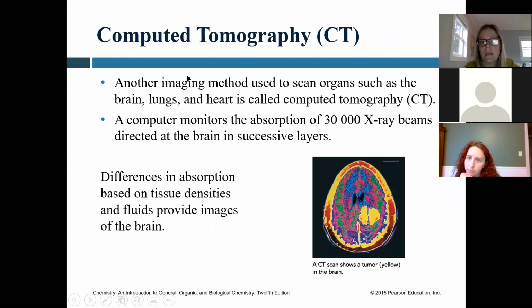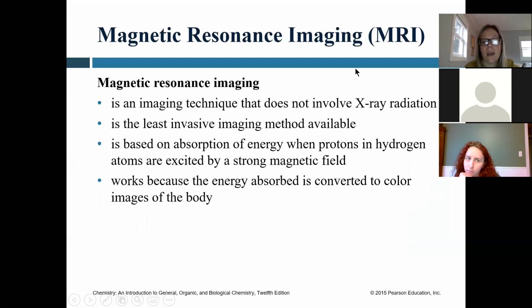A CT scan is another imaging method that they'll use to scan brains, lungs, and hearts. And again, it does a similar thing, right? They can see where tumors are, and they can detect if there's fluids in the soft tissue. An MRI machine, magnetic resonance imaging, does not involve X-ray radiation.